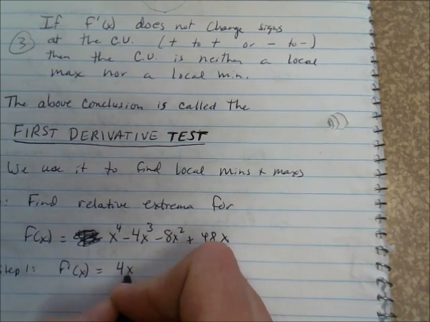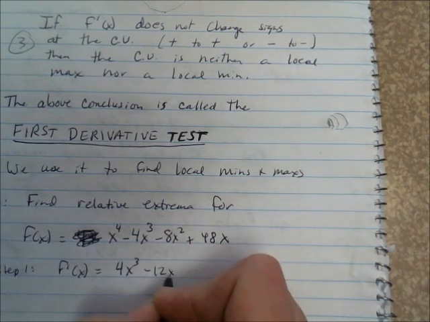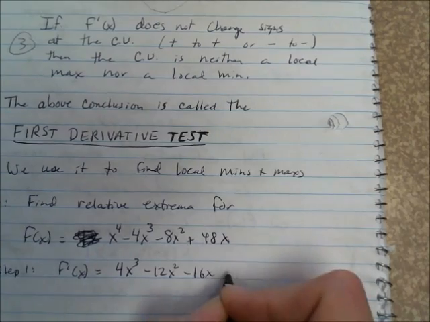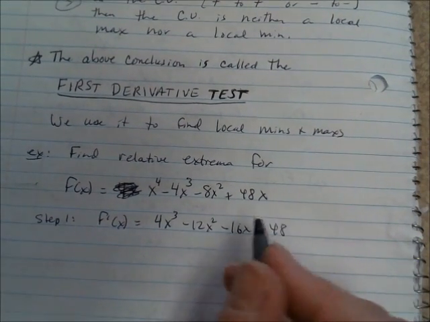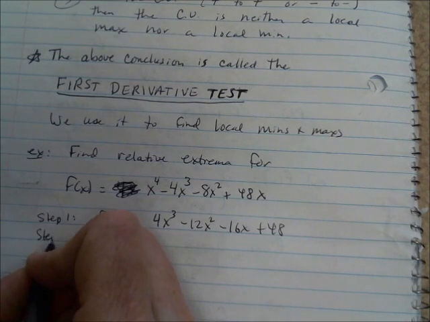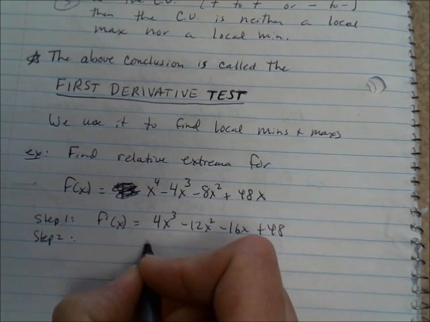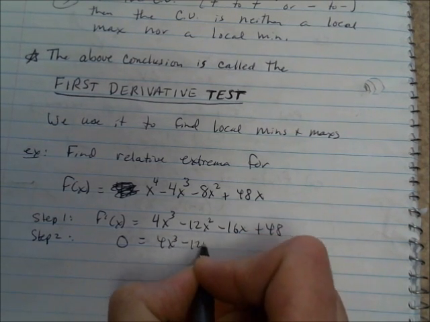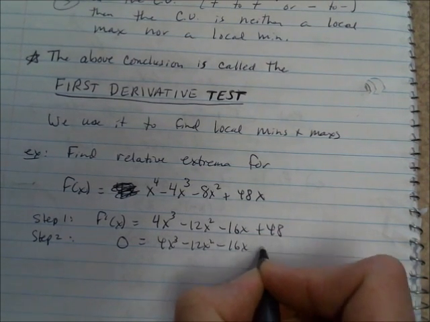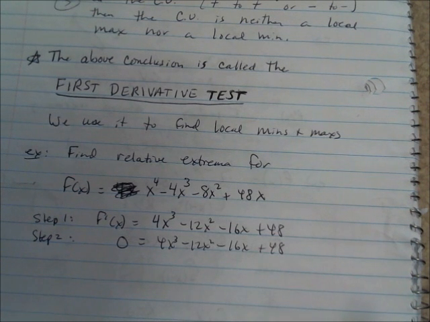It is 4x cubed minus 12x squared minus 16x plus 48. Step 2 is to set it equal to 0, and we're going to solve this for x.